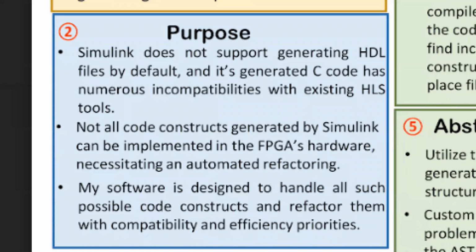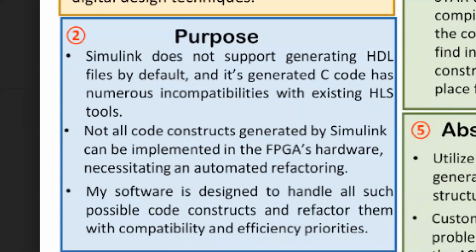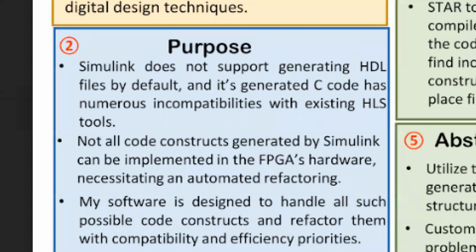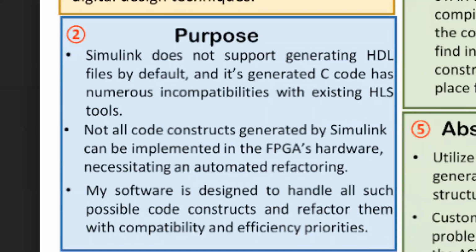My software is designed to handle all such possible code constructs that might be generated by Simulink and refactor them, with priorities being compatibility with the high-level synthesis tools and efficiency. So if there is a chance to optimize it, then we want to do that as well.